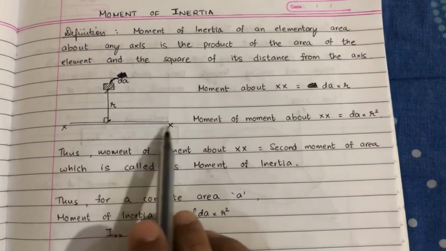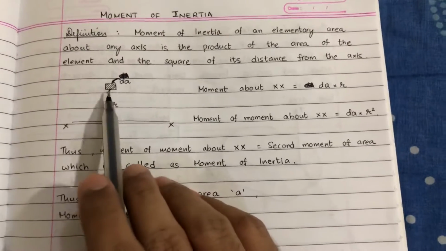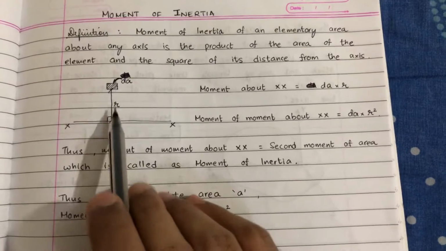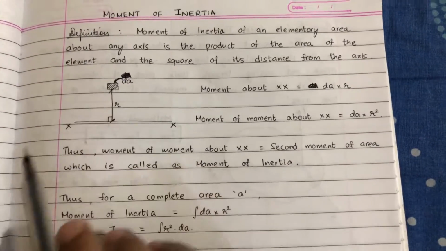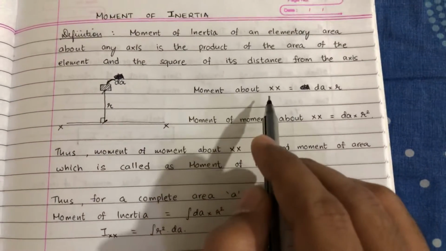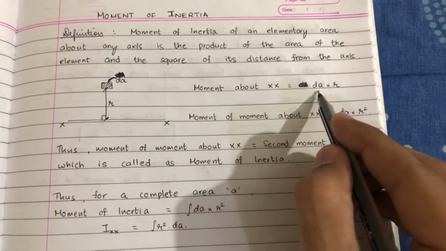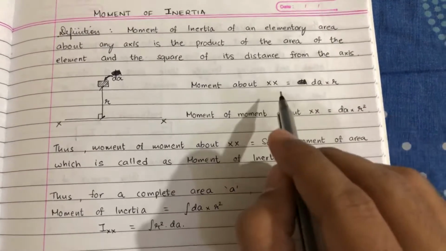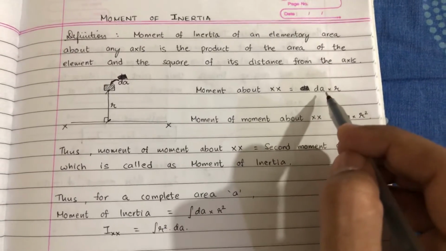This is the main axis xx, which is at a perpendicular distance of r till the area dA. So moment about axis xx will be equal to dA into r. Moment is what? Force into perpendicular distance.